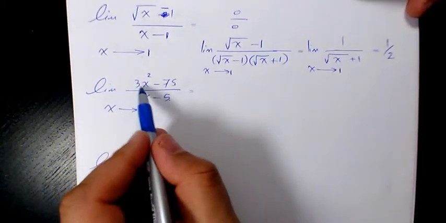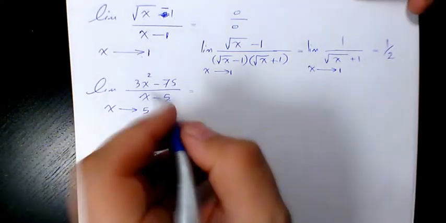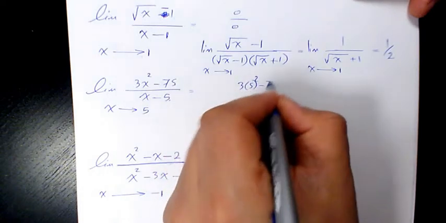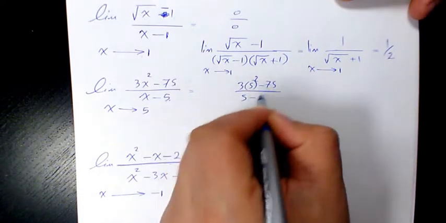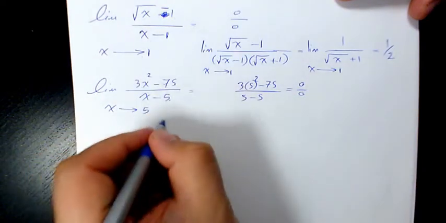Next one is the limit of (3x squared minus 75) over (x minus 5) as x approaches 5. That's going to be 3 times 5 squared minus 75 over 5 minus 5, which is 0 over 0. You can factor 3.